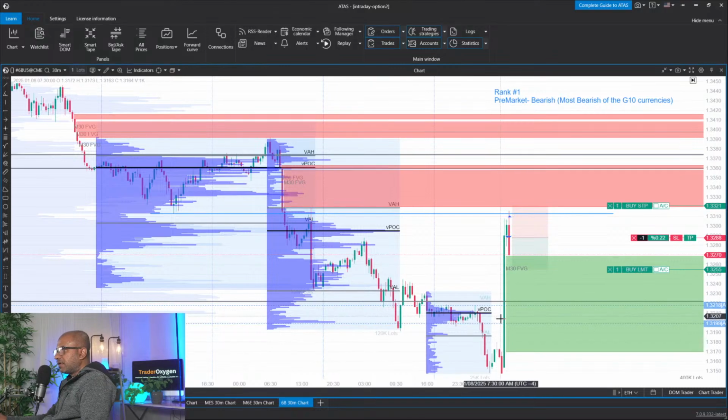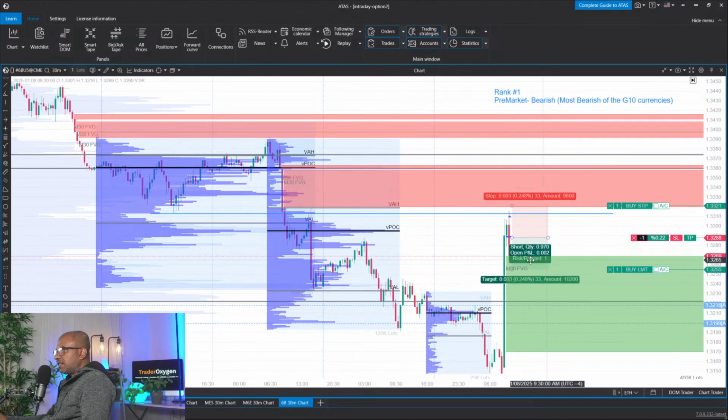This major spike happened soon after the news, and you can see we placed one entry just over there, but because of a sudden spike, it got stopped out. That is inevitable in trading, but you can see the trade is running in the intended direction.